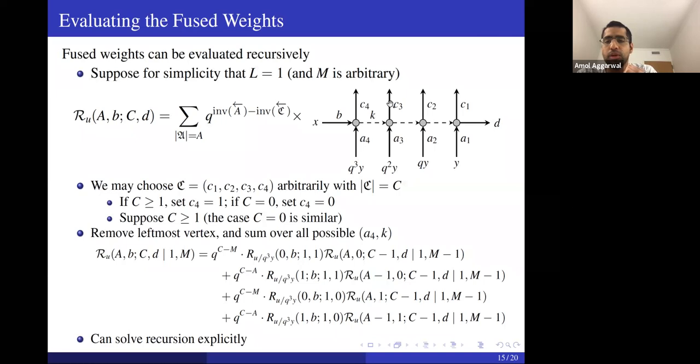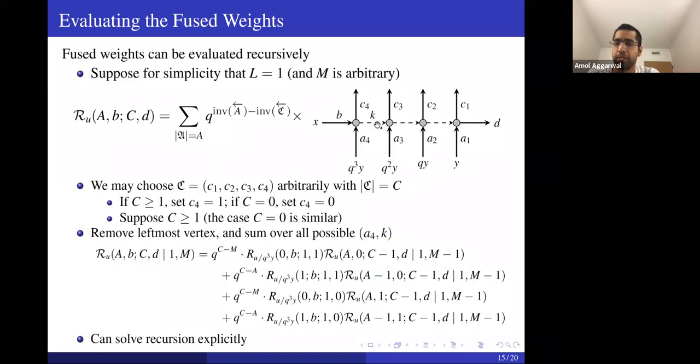In that case, I'm plucking out the leftmost vertex, and what I'm left with is a partition function for a row that has A ones on the bottom, because I have not removed any ones, and now C minus 1 ones exiting through the top, because C4 was 1, so I've removed one of the ones exiting from the top.